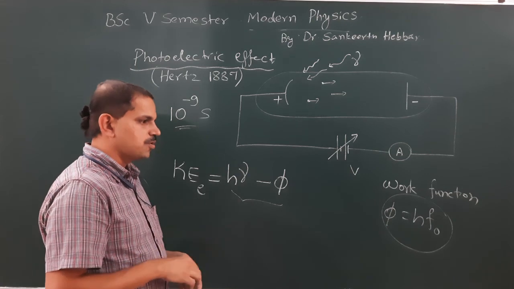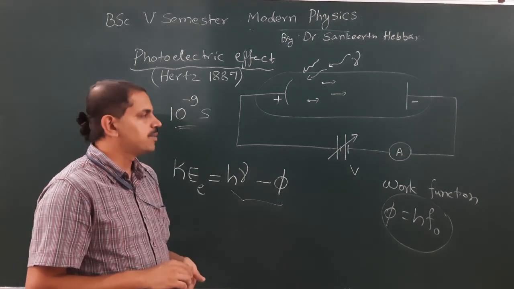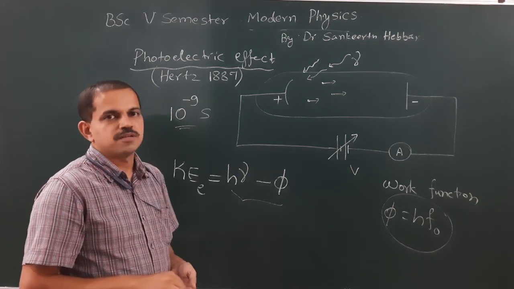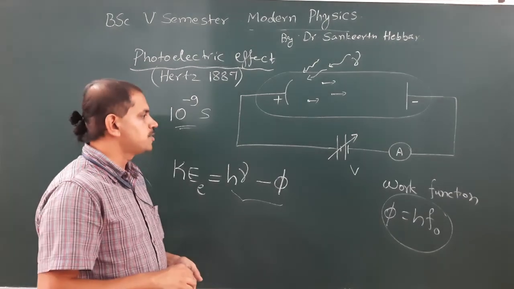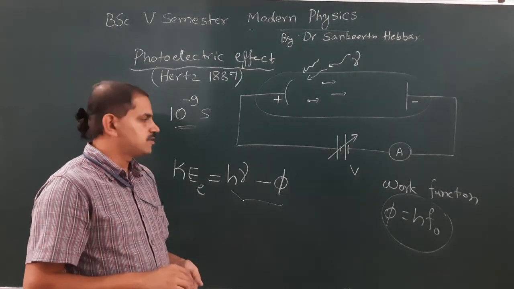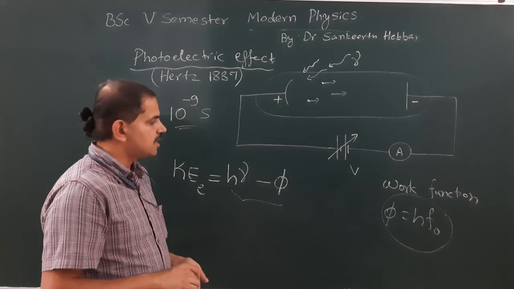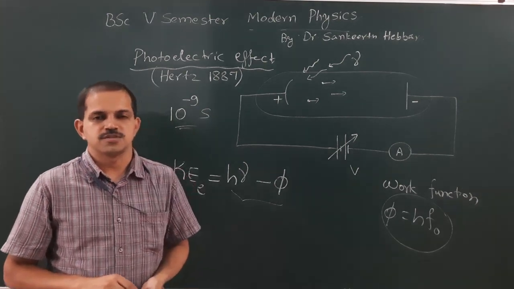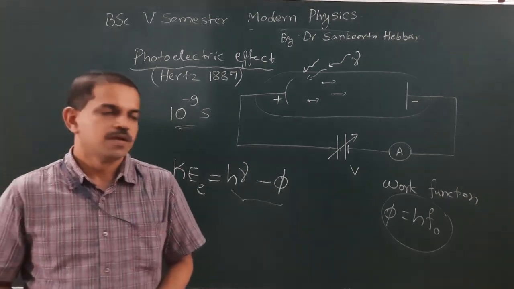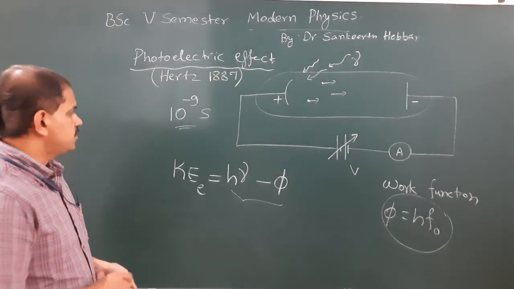Why it is so can be explained only by statistical mechanics applied to solids. For now, just remember that the work function is less than the binding energy of an electron to an atom.